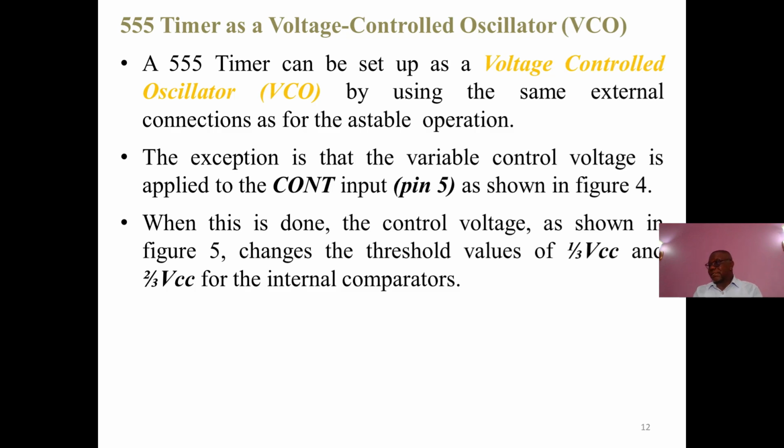The exception is that the variable control voltage is applied to the control input, which is pin 5. When this is done, the control voltage will be as shown in Fig 5, which changes the threshold from values of 1 over 3 VCC and 2 over 3 VCC for the internal comparators.